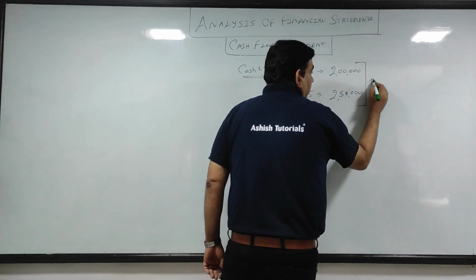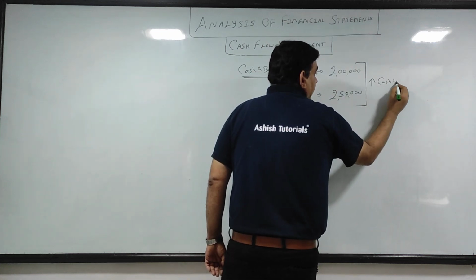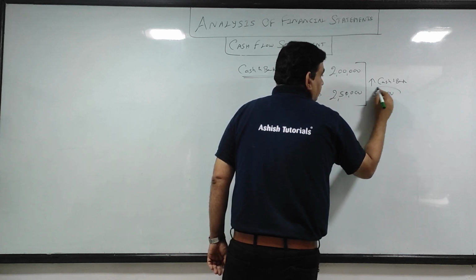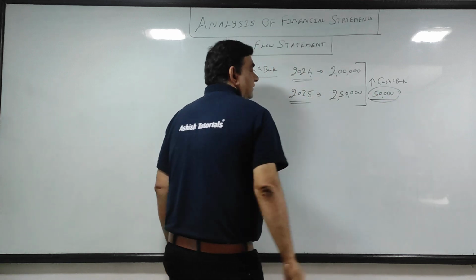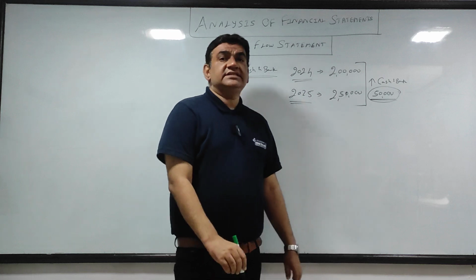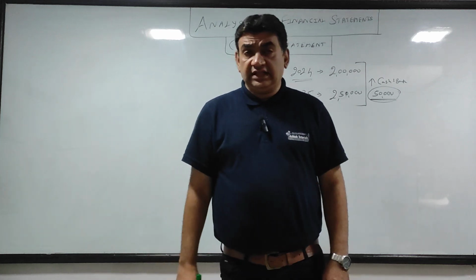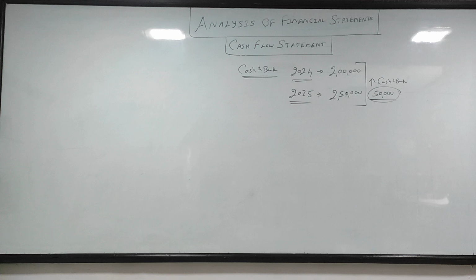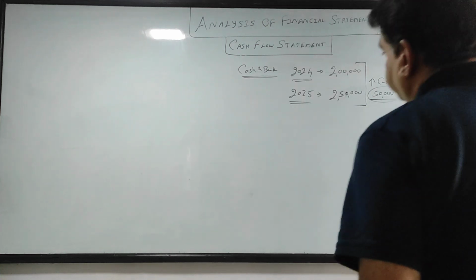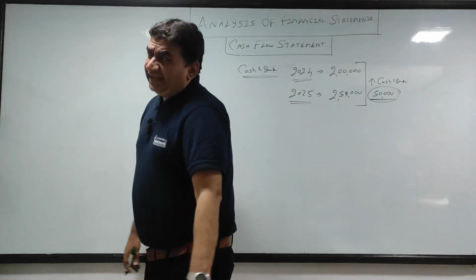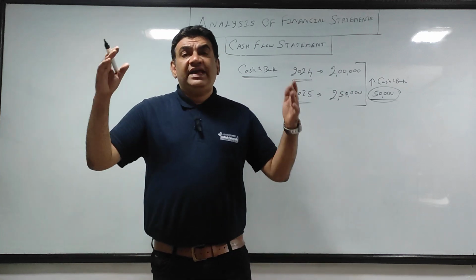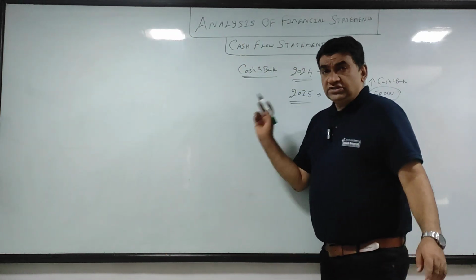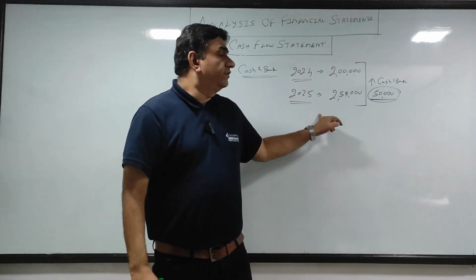That means what? There is an increase in cash and bank balance of rupees 50,000. Now what you are supposed to do is, you will make a statement where the statement will show the details how this 2 lakh became 250.